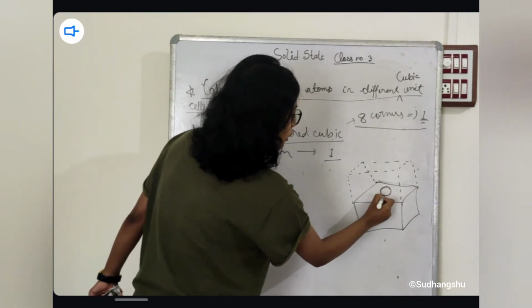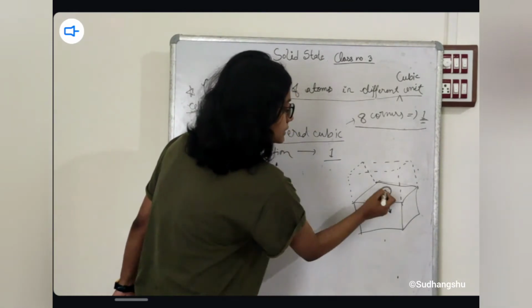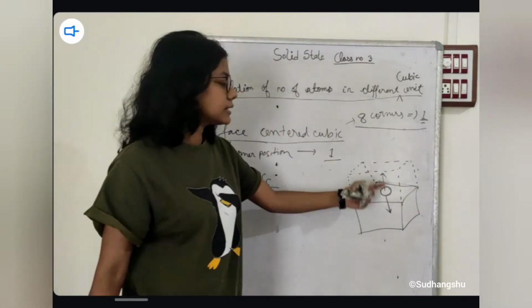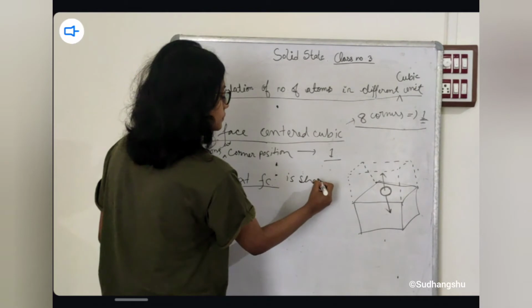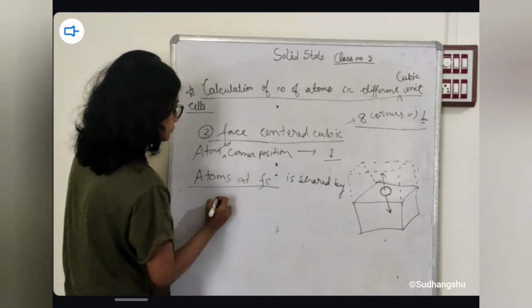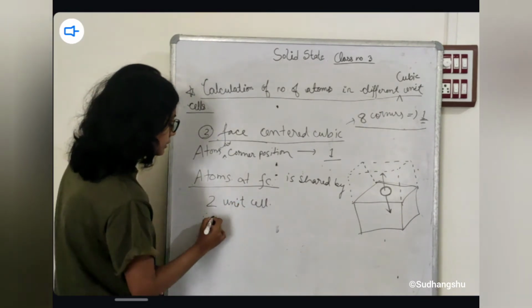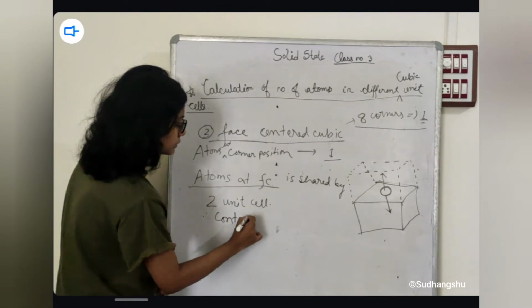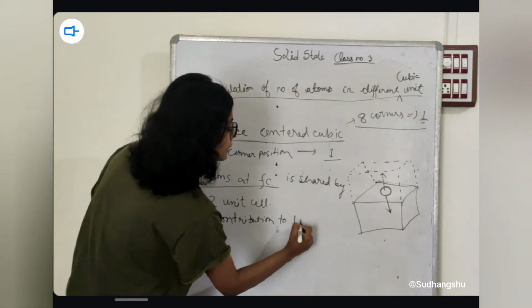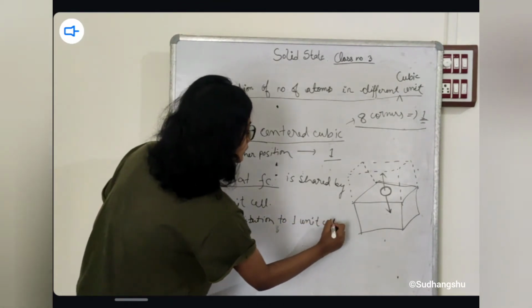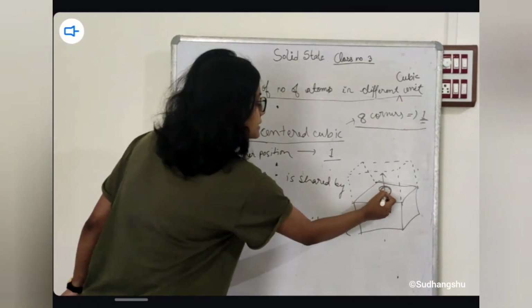So the atom at this face center is shared by, half will be with this unit cell, half will be with that unit cell. So the atom at the face center is shared by 2 unit cells. Therefore, the contribution to 1 unit cell is half.